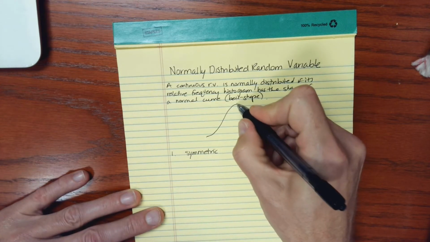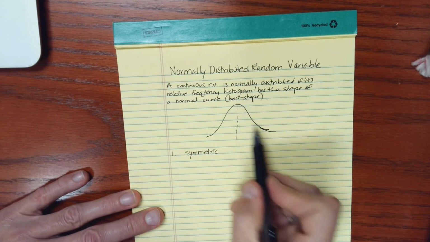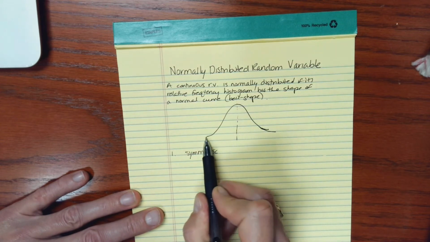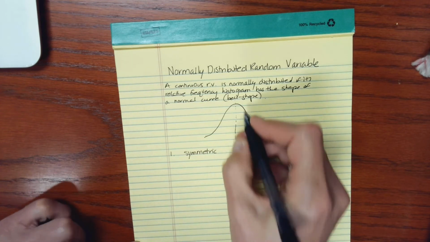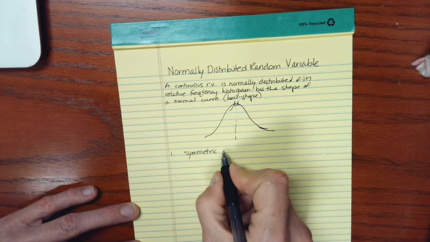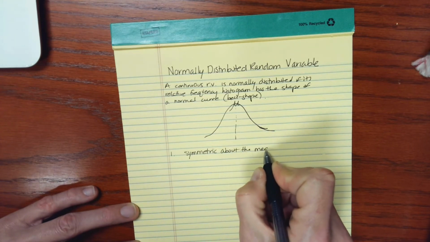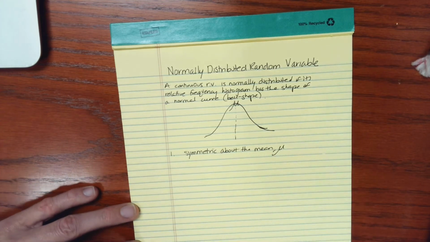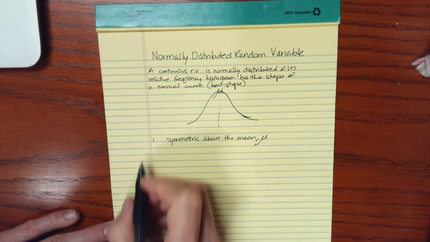If I drew a dashed line down the middle of this bell-shaped curve, it would fold over on top of itself. It's the mirror image of itself left to right, and that line of symmetry is at the mean. So we say it's symmetric about the mean, mu, the Greek letter we use for a population mean.